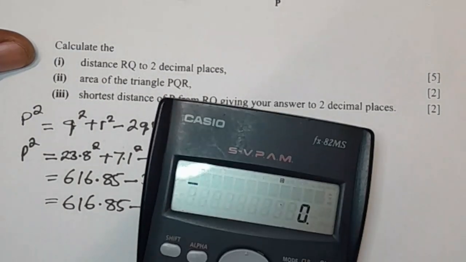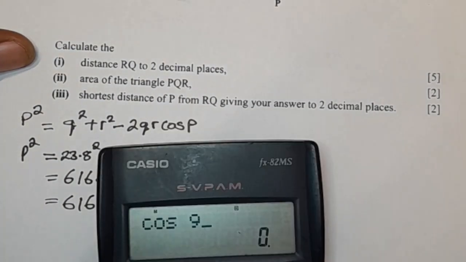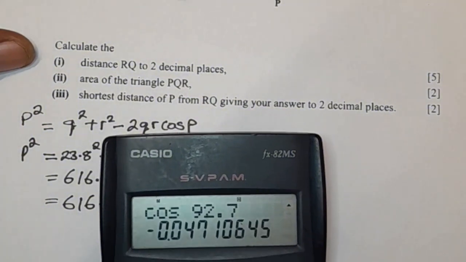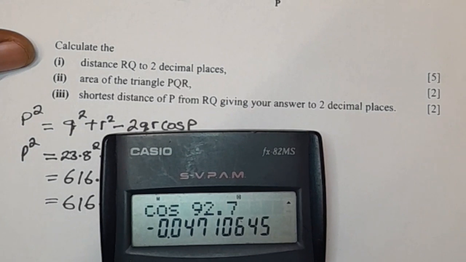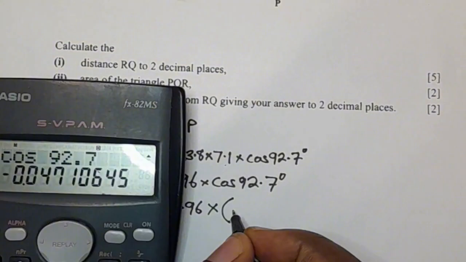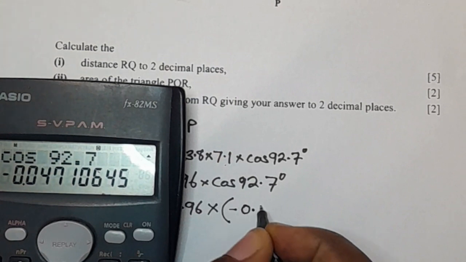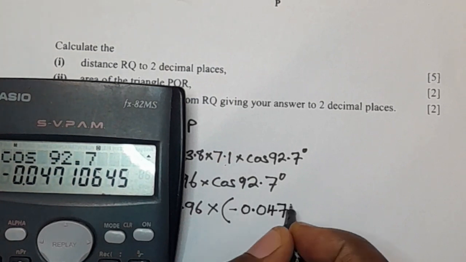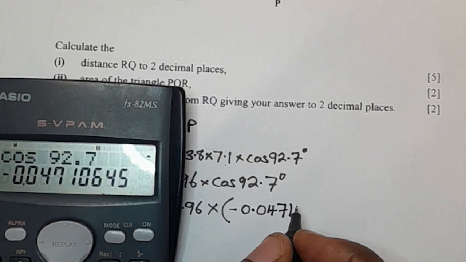Cos 92.7 gives negative 0.04710645. We'll write this up to 3 significant figures, so negative 0.0471.